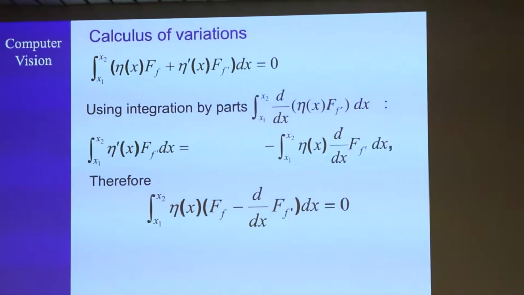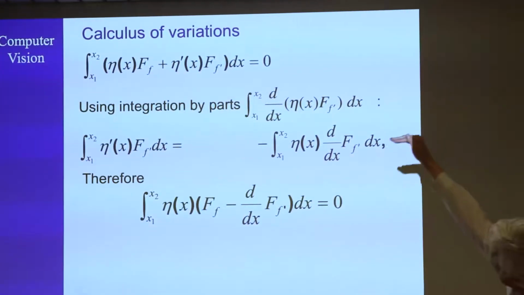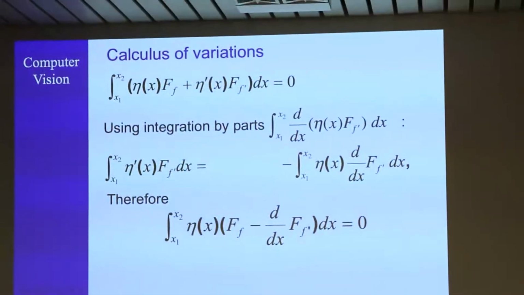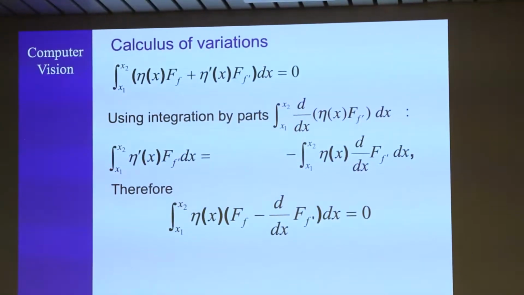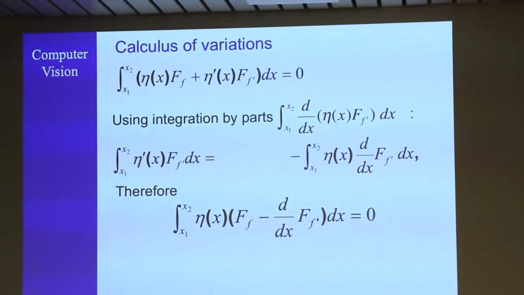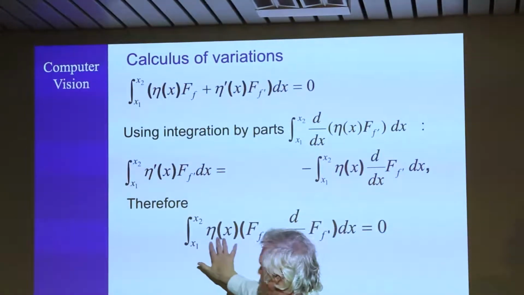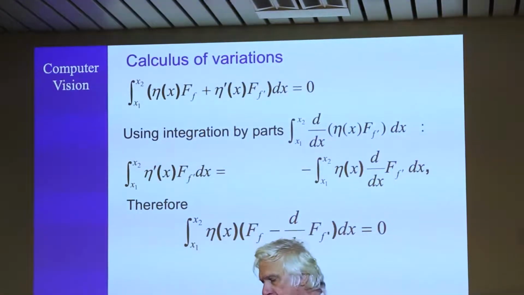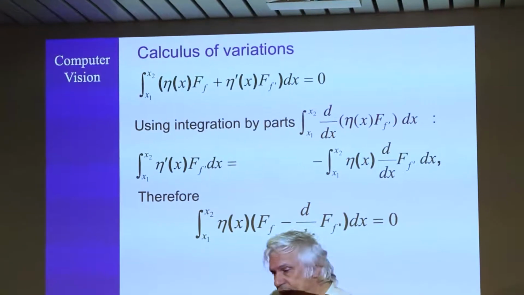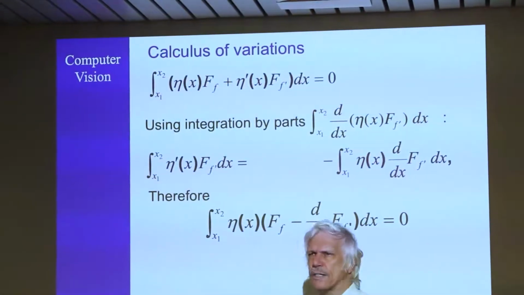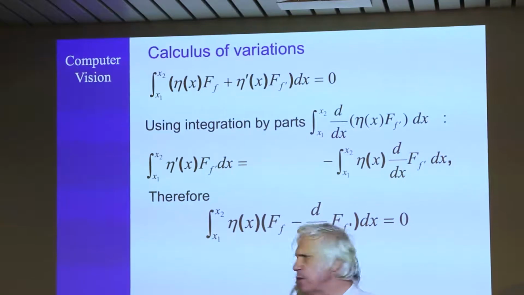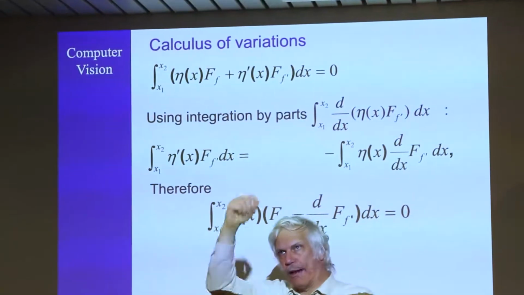Okay, so that's equivalent to the equation at the top. Now, it's kind of remarkable because this always has to be 0, independent of the choice of eta. For eta, we could choose things that are quite peaked at different places. We could have a peak at one place, or another eta could have a peak at another place.